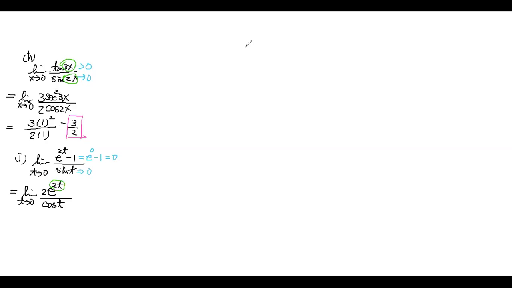Cosine t. Now when t approaches 0, 2 times e^0, and cosine 0 is what? It's 1, right? So this is 2 over 1. So it's 2. The limit here is 2.